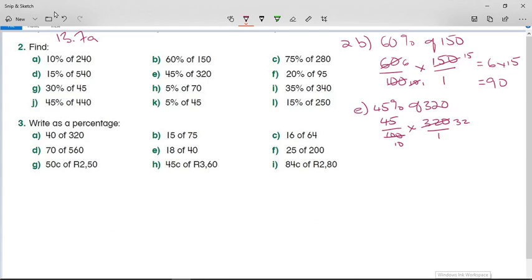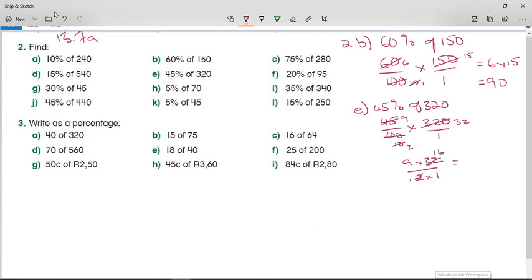Okay, so now if I have a look at my numbers, I've got 45, 32, and 10. So I'm going to divide the 45 and the 10 by 5. So 10 divided by 5 is 2. 45 divided by 5 is 9. So now I'm left with 9 times 32 over 2 times 1. So let me get rid of this 2 on the bottom. 2 goes into 2 once, and 2 goes into 32 16 times.